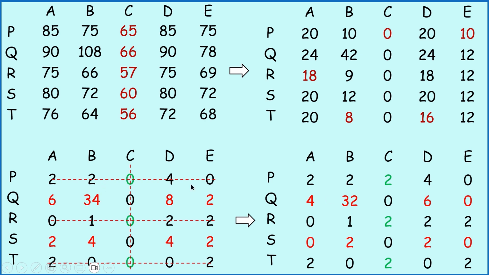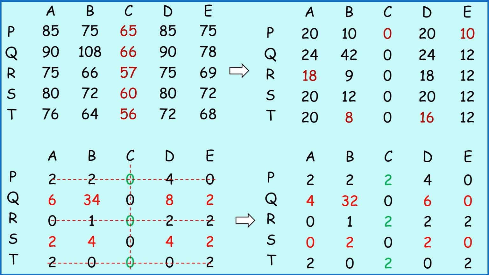Now all remaining elements, wherever the lines are passing, will be as they are. Only uncovered elements will be subtracted by the minimum value of uncovered elements, and wherever there is an intersection, the minimum value will be added. Apart from that, all remaining elements will be as they are.